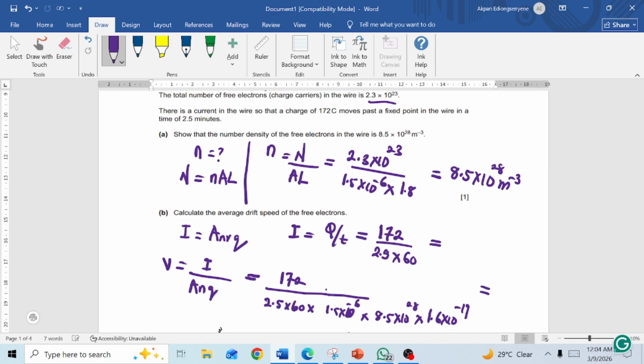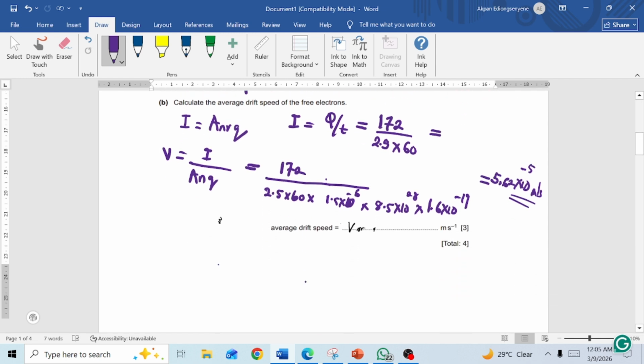Put that in your calculator. That gives us 5.62 times 10 raised to the power of minus 5 meter per second. Next question.